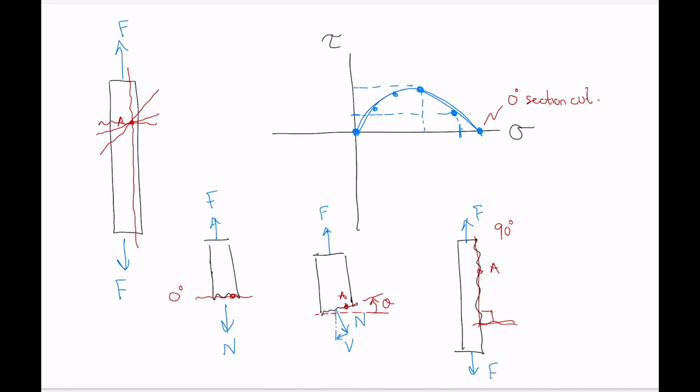Then if you continue and turn your section cuts the other way, past 90 degrees, and start going back down to 0 degrees the other way, your normal force doesn't change. You still have a tensile normal stress, but your shear stress changes directions because your section cuts are oriented in the opposite direction.